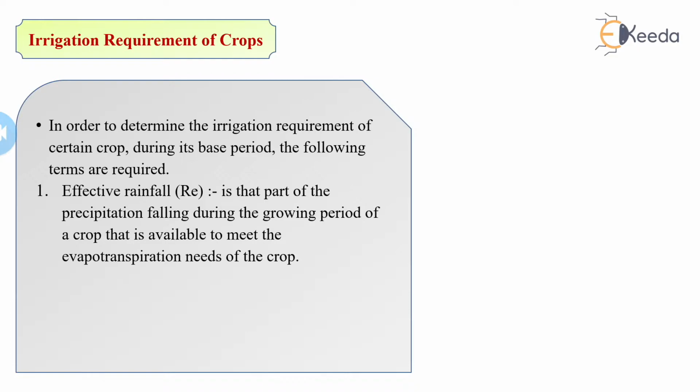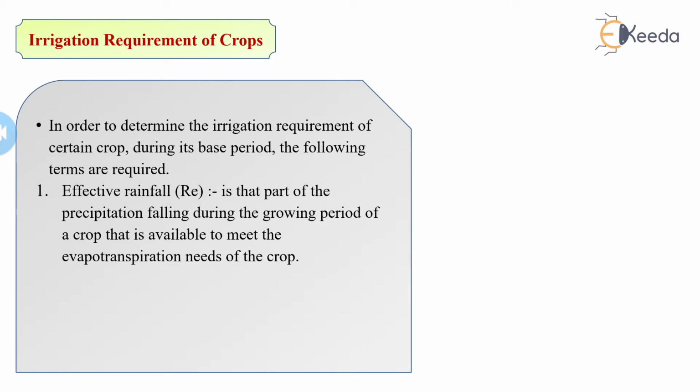It is that part of the precipitation falling during the growing period of a crop that is available to meet the evapotranspiration needs of the crop. Effective rainfall means that part of the precipitation which falls during the growing period, say when the kharif season crop is there.